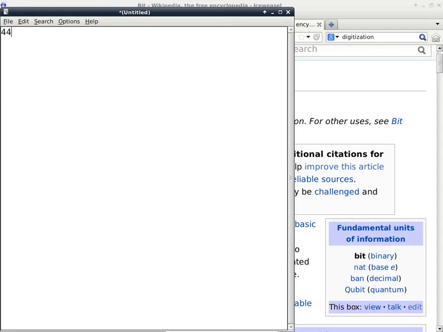Okay, 44.1 kilohertz of sampling rate. What does that mean? That means we are creating 44,100 samples per second. Is that okay so far? The sampling rate is basically how many times we do something per second.